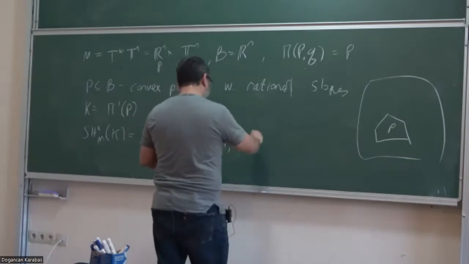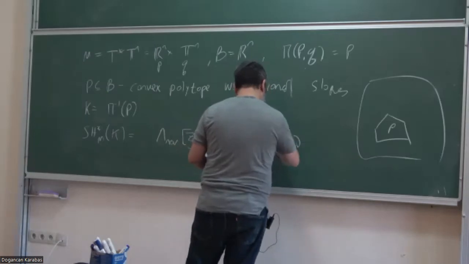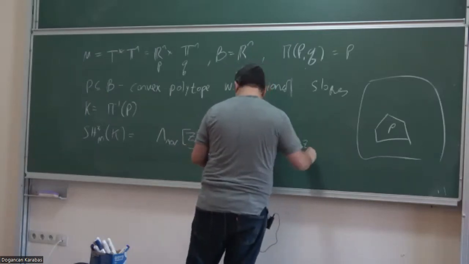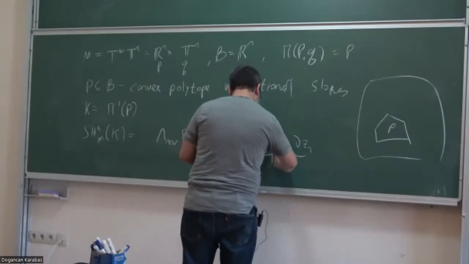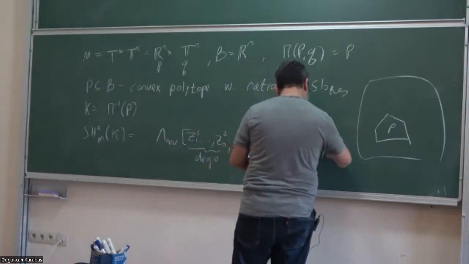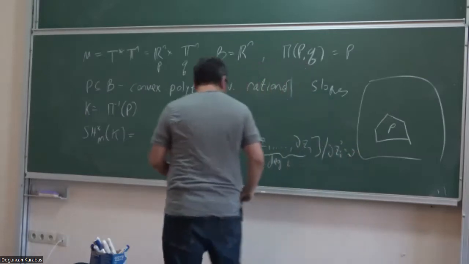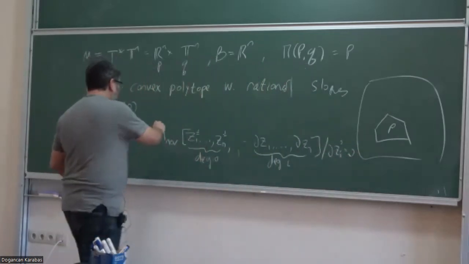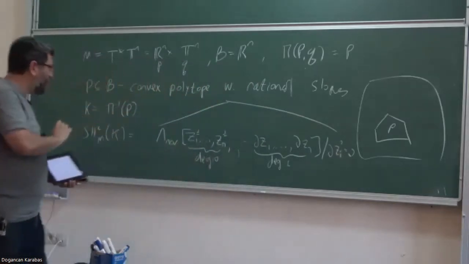Then you adjoin additional dz_1, ..., dz_n. These are like vector fields. These are all in degree 1, and you impose the relation that dz_i squared equals 0. Then you take a completion, and I will describe what this completion is.